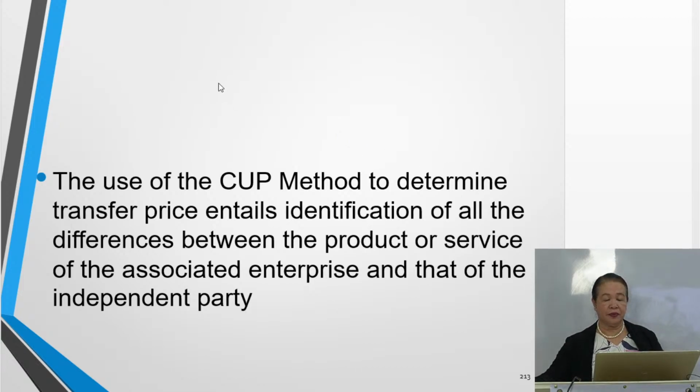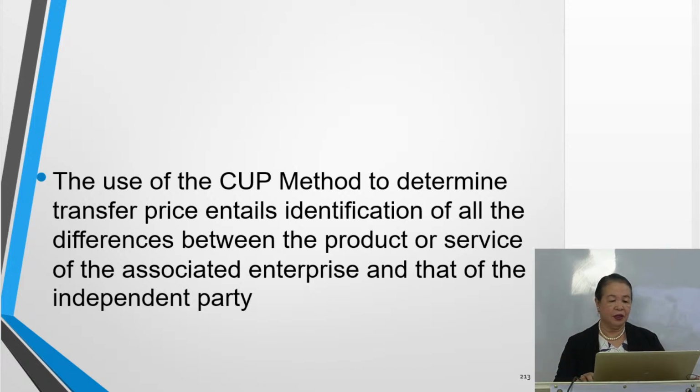So, sa related party, ang binebenta 100 pesos, sa independent party naman, ang binebenta 150, no? So, when you analyze ano bang difference nila, mas maganda pala yung klase ng independent party kaya mas mahal siya. So, in that case, you identify the reason kung bakit magkaiba sila ng price, no?